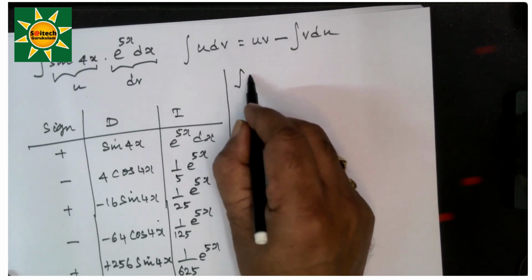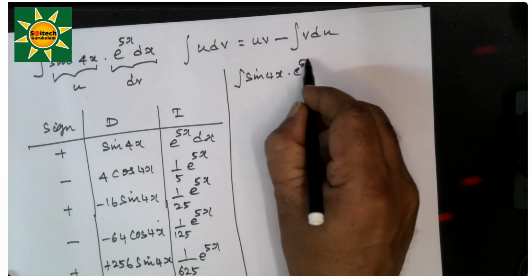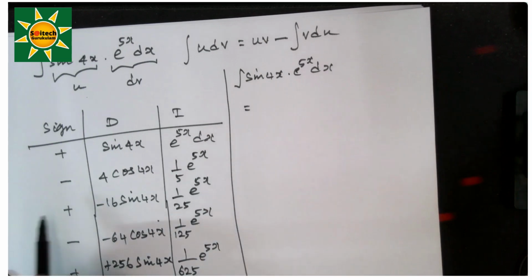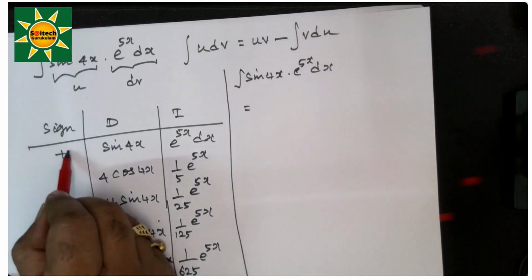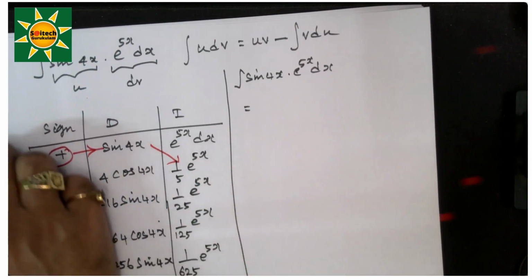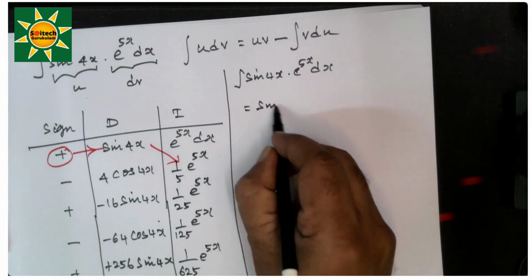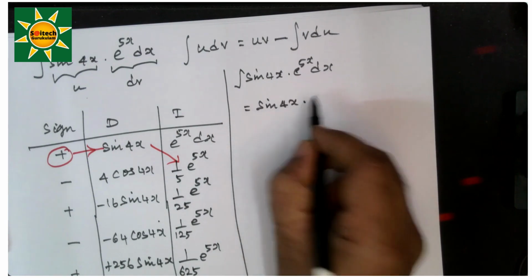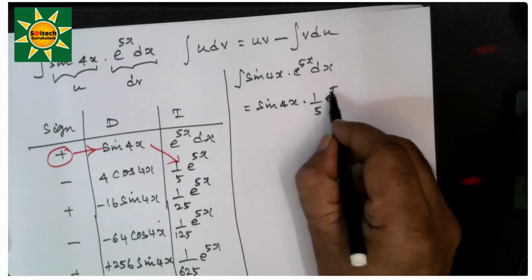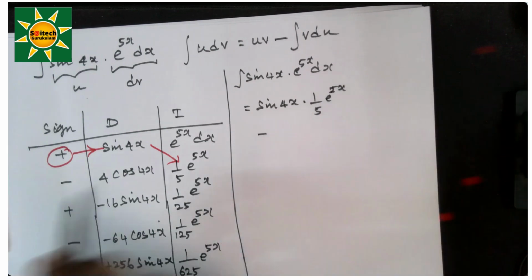Integral sine 4x e power 5x dx is equal to, now let us proceed like this, plus uv, sine 4x into 1 by 5 e power 5x, and then minus.